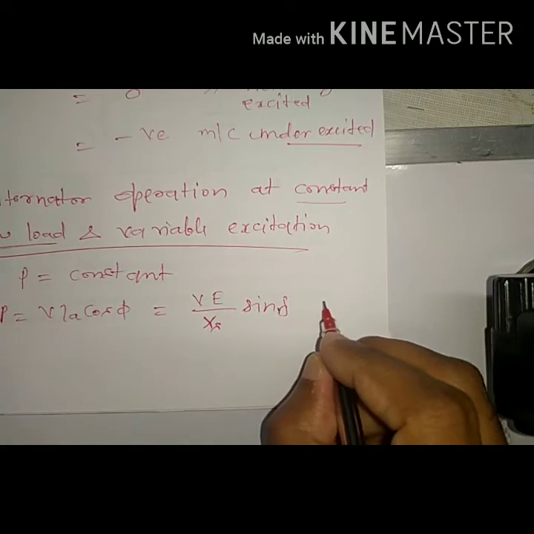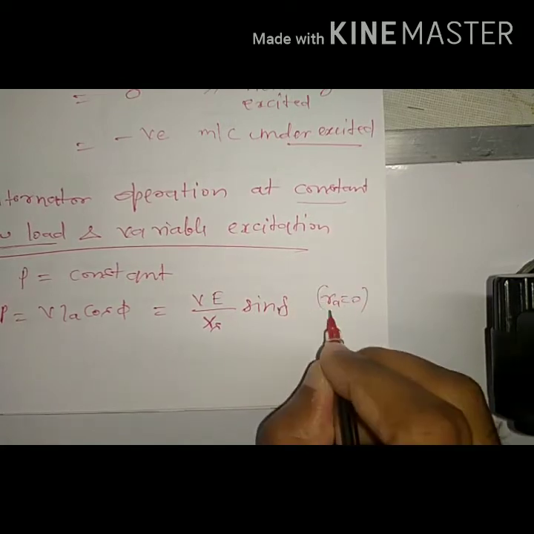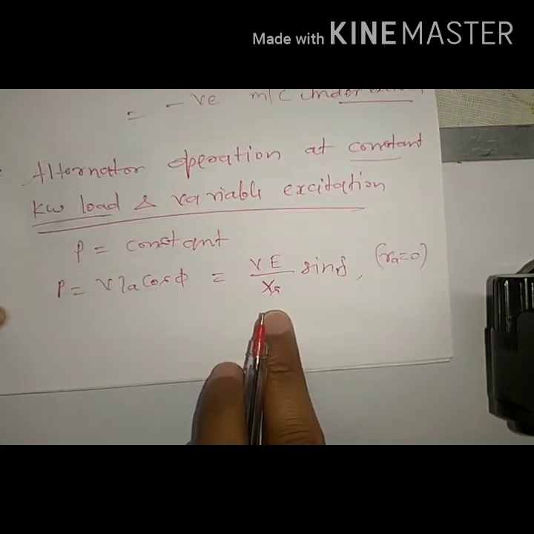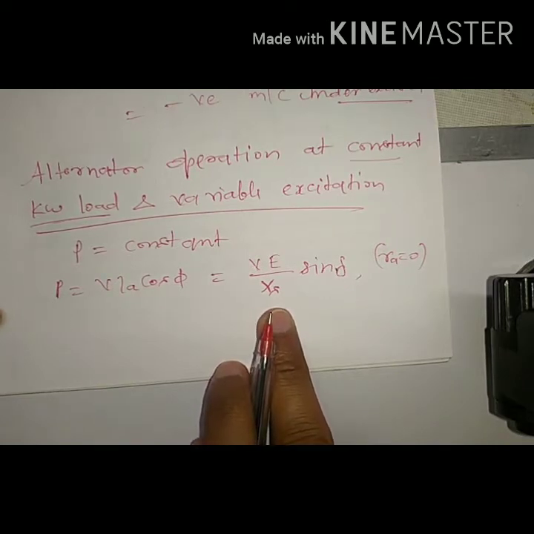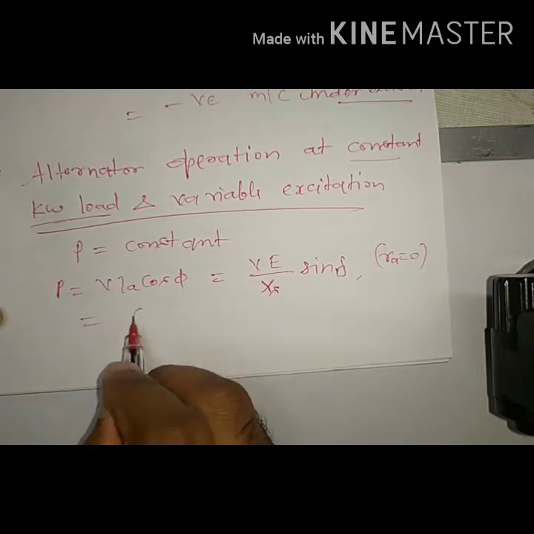If I take R_A as 0, then the power formula can also be written as V E by X_S sin delta, and it must be constant if load is constant.